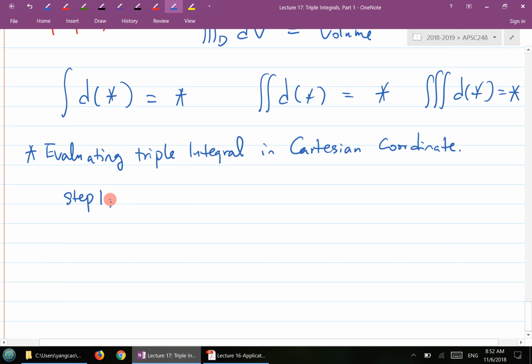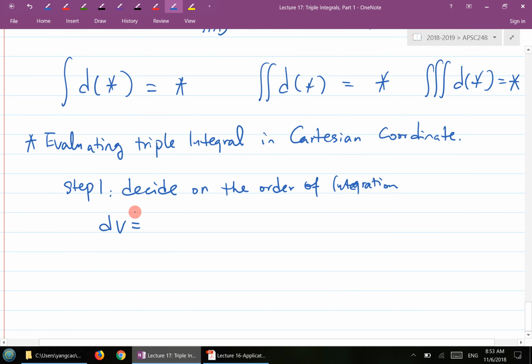Now, step number one, you got to decide on the order of integration. Just like a double integral, dx dy or dy dx. So what are we going to pick? In this case, your dV can be dx dy dz. It could also be dy dx dz. So you have three things here.